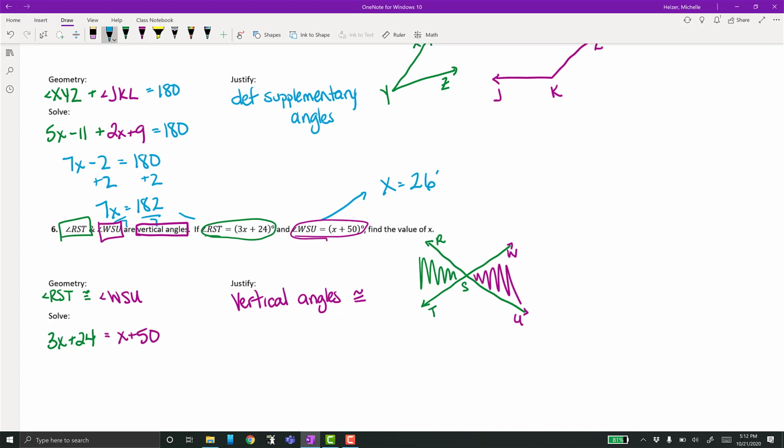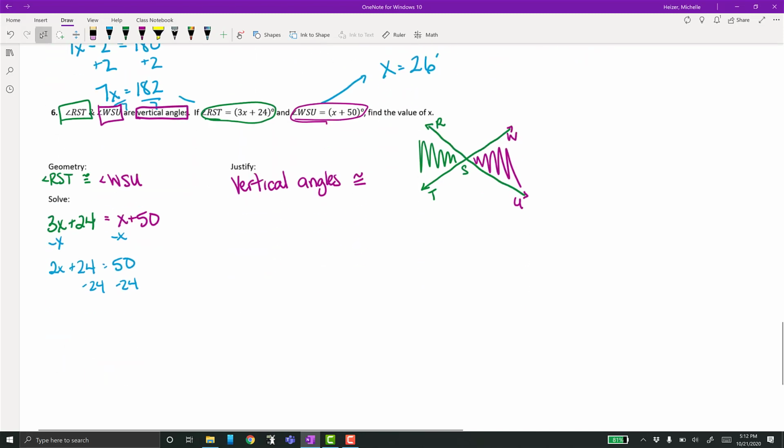So I'll go ahead and solve this out for x. So x would equal 13.